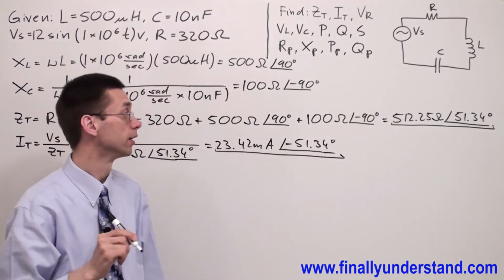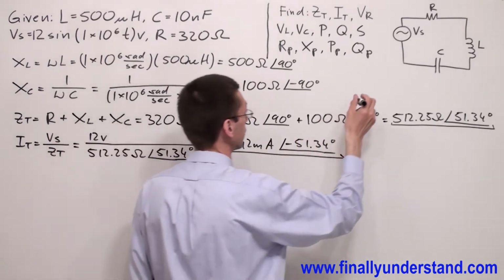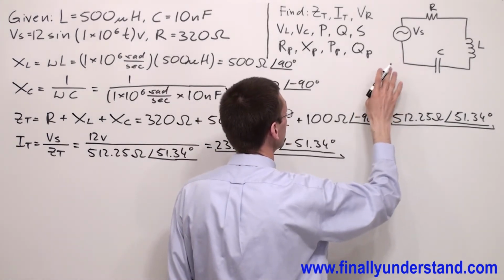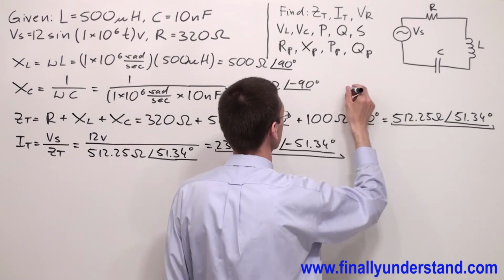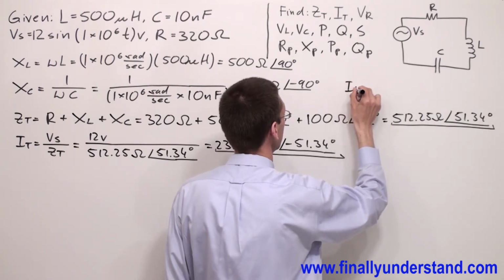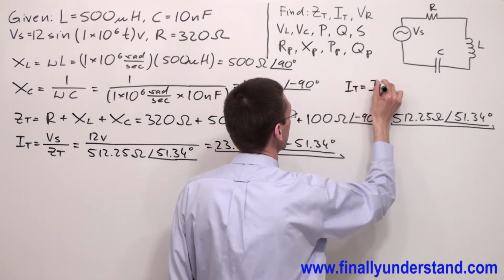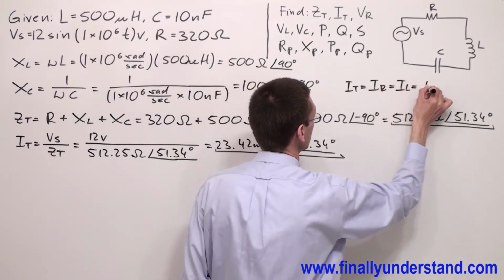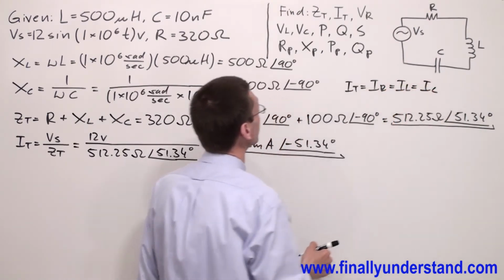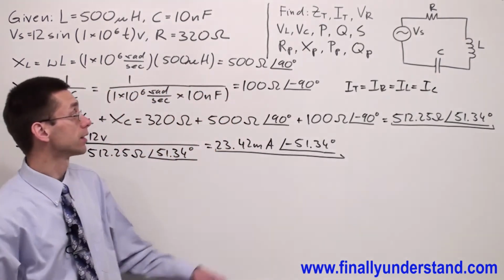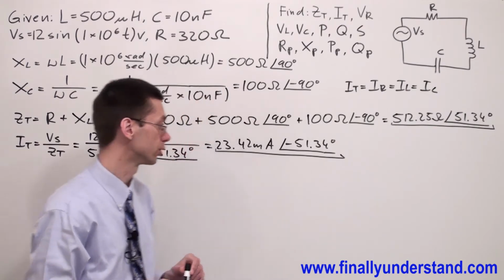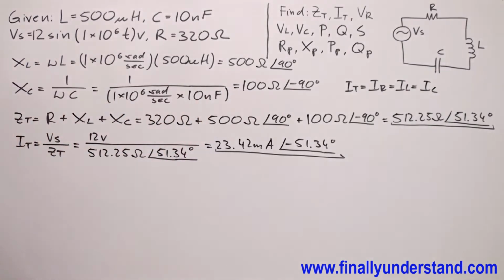Don't forget that in a series circuit, the current is the same at every single point in that circuit. So I can write that I total is equal to IR, this is also equal to IL, and this is also equal to IC. Next, we're supposed to find the voltage across the resistor. In order to find it, I'm going to use Ohm's law.